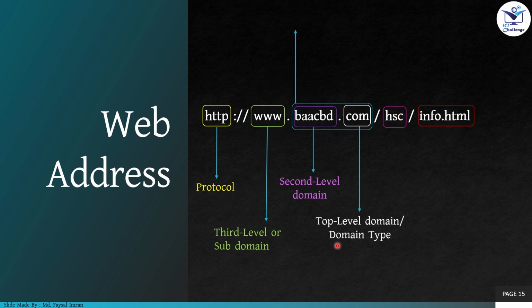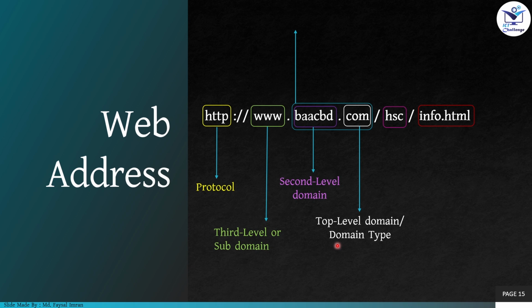So what is a top level, what is a second level, and what is a third level domain? If you search anything on the internet, then the search engine starts searching by the domain type. That's why this is a top level domain.